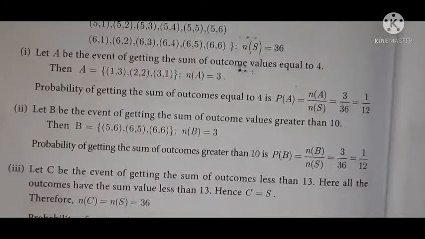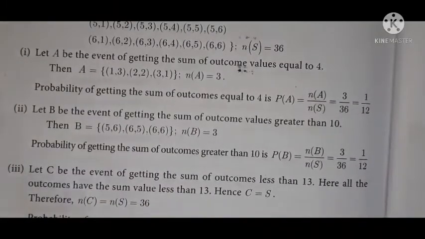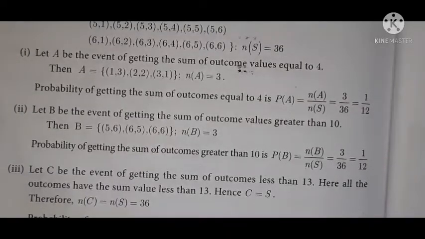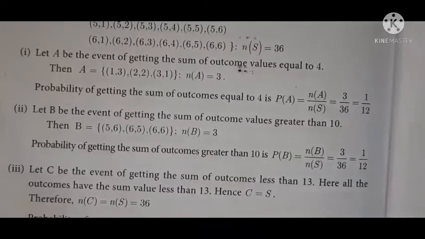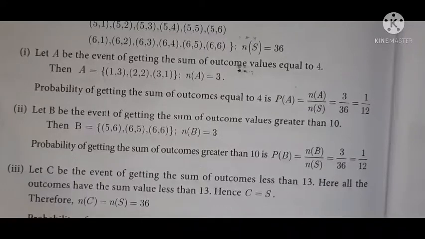The third one, less than 13. All sample outcomes are less than 13. So, all the sample points are the result of the question. Let C be the event of getting sum of outcome less than 13.